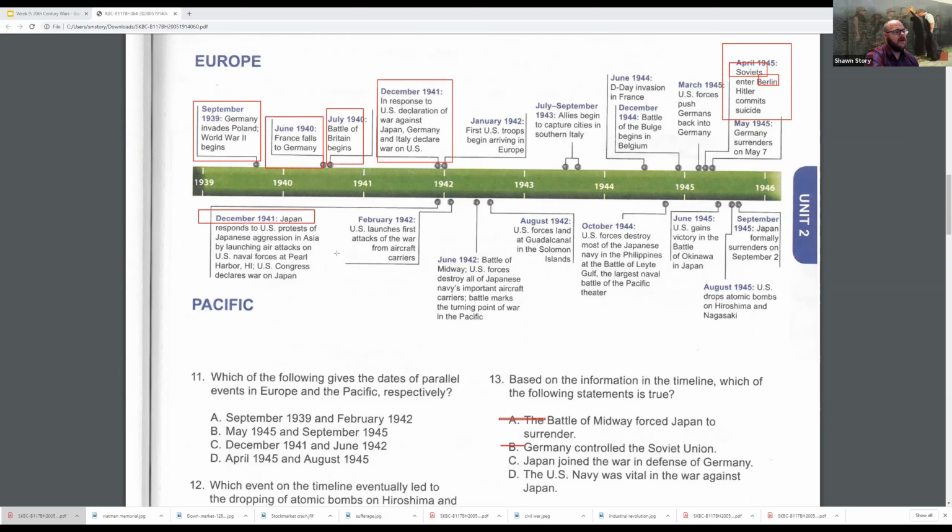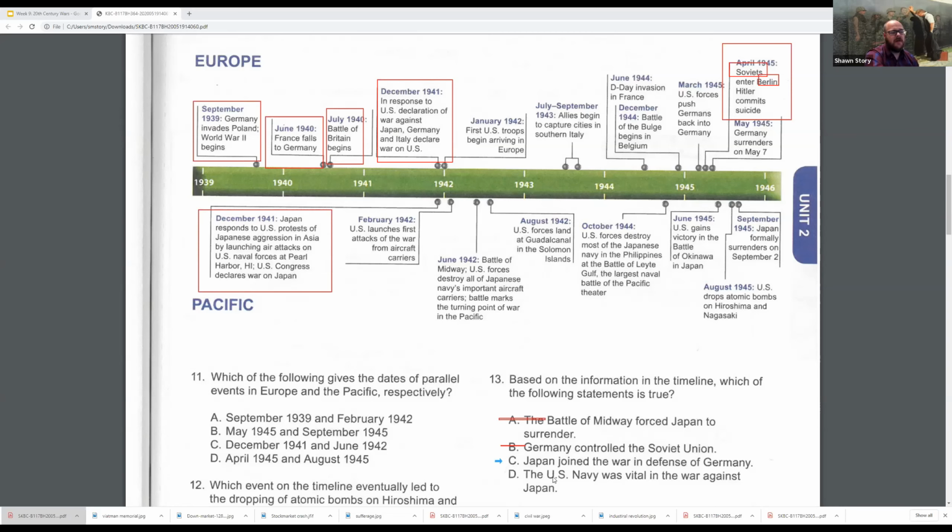And then here, Japan responds to US protests of Japanese aggression in Asia by launching air attacks on the U.S. naval forces at Pearl Harbor, Hawaii. U.S. Congress declares war on Japan. Is there anything here that talks about Japan joining the war in defense of Germany? Yeah, not really. So I'm kind of questioning C. I can't really disprove it, but I can't prove it either.